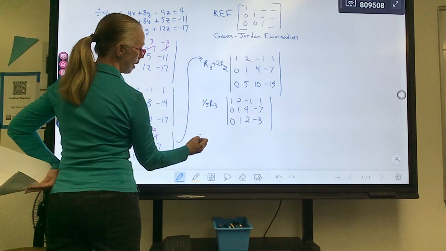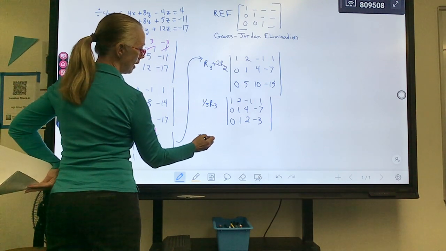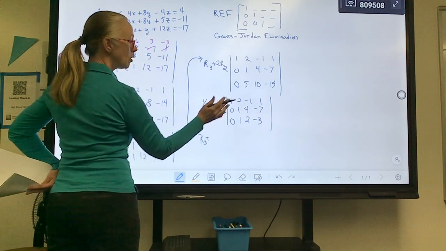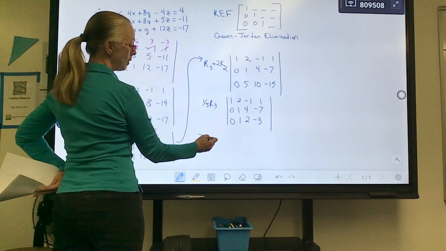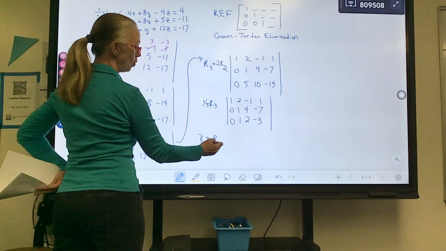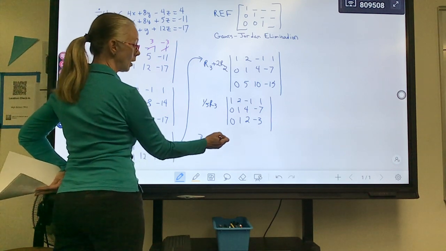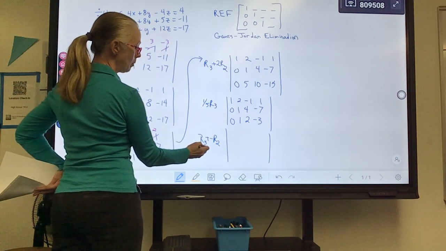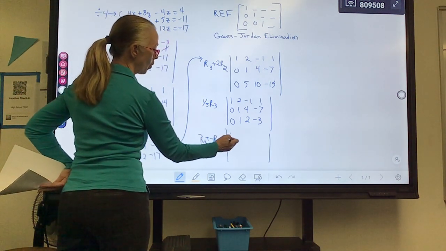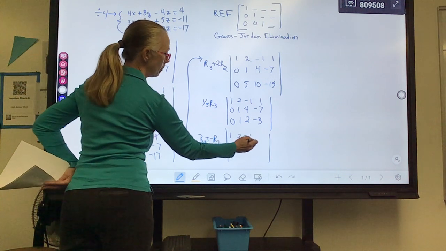I'm going to change row 3, and I'm going to use row 2. I can't use row 1 anymore because that would mess up the zeros. So I'm going to add negative row 2, or multiply row 2 by negative 1. So remember, only row 3 is changing. Row 1 will remain the same.